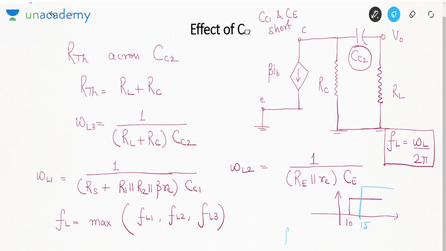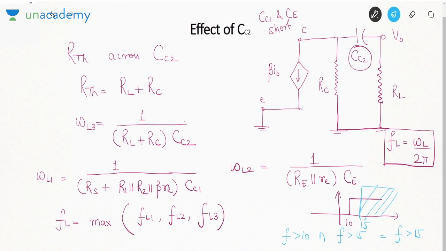So one system is saying frequency must be greater than 10, the other is saying frequency must be greater than 15. If you take the intersection, what you will get? Frequency greater than 15. That means when we have multiple values of FL, we consider only the maximum out of all those values. So your lower cutoff frequency will be the maximum of the 3 frequencies that you have derived.